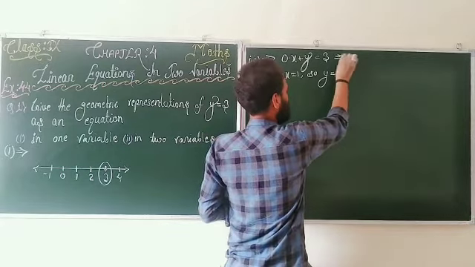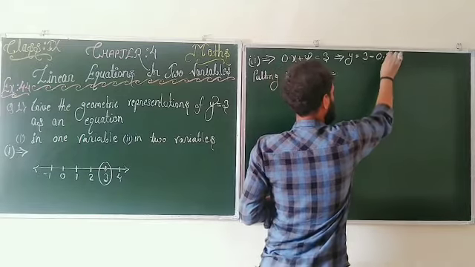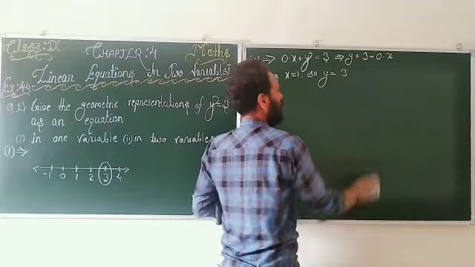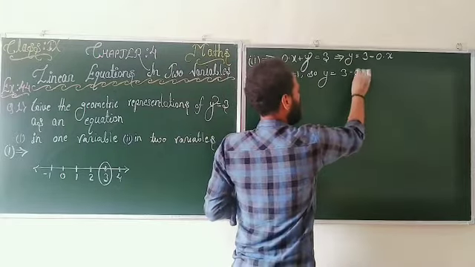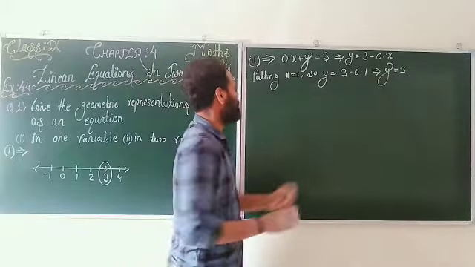So the equation is in the form y is equal to 3 minus 0 into x. Here we get y is equal to 3. If we put 1, 0 into 1 is 0, and 3 minus 0 is 3.